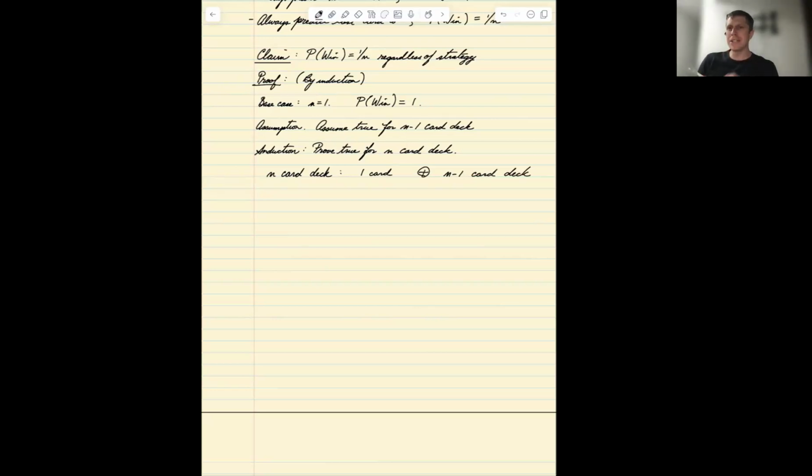So we can say, well, let's just see what happens on the first card. On the first card, there are only two strategies I can apply. It's either predict that it's special or predict that it's not. And then once I get to the second card, I have an n-1 card deck left, and I've already assumed that if I'm in that state, the conditional probability is going to be 1 over n-1. That's the induction assumption, right? So for an n card deck, let's write this out.